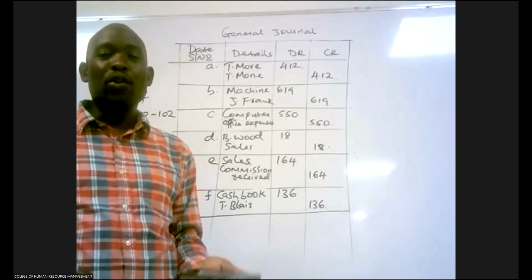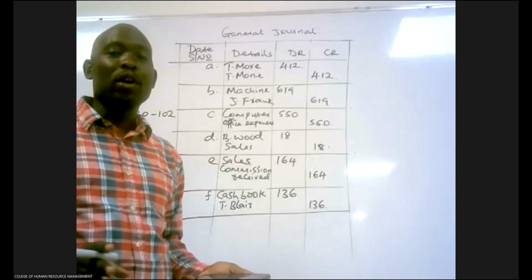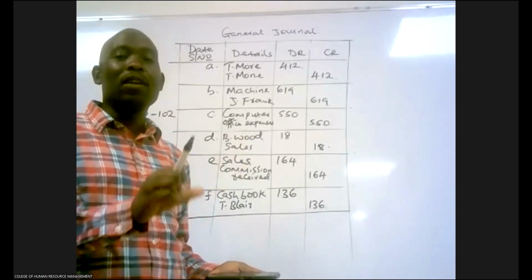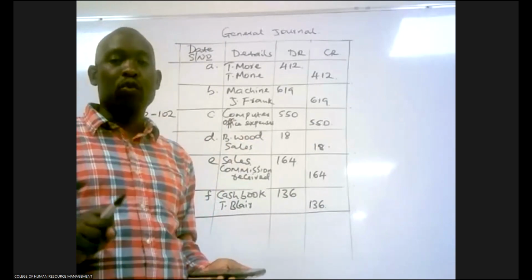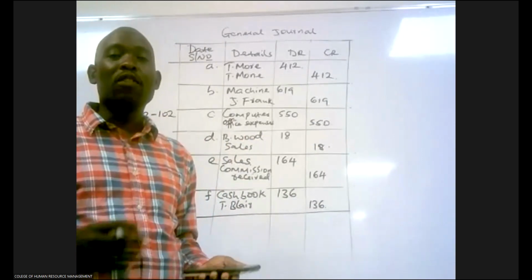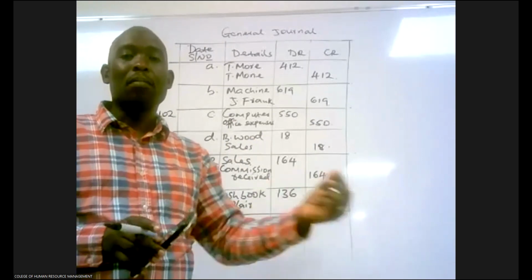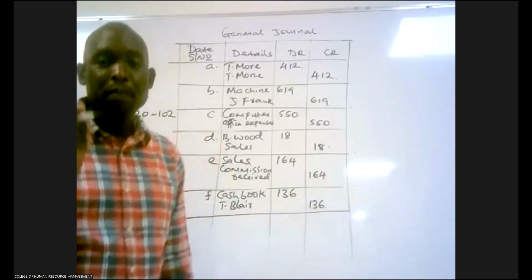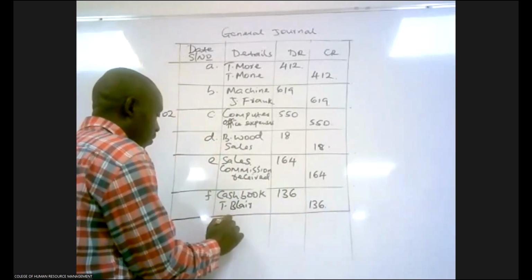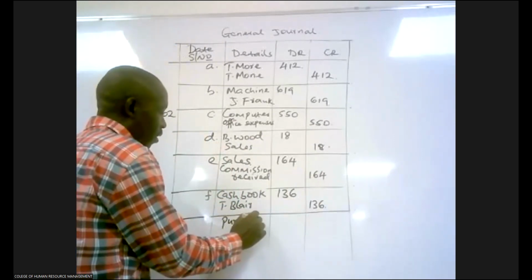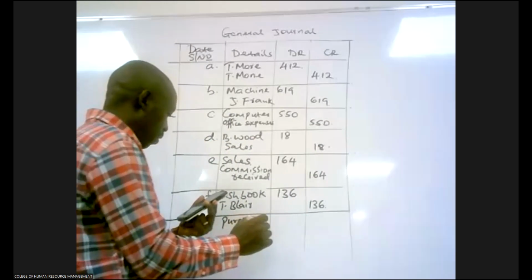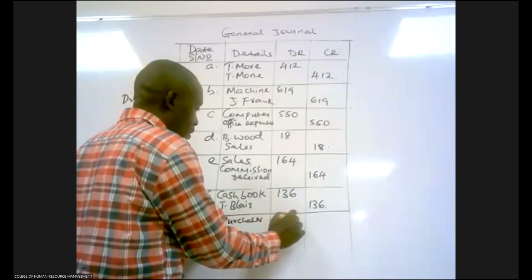And we know drawings is only supposed to record items taken from the business for personal use. So in simple terms, we debited drawings instead of debiting purchases. What do we do? Debit the correct account, which is purchases, by a figure of 372.